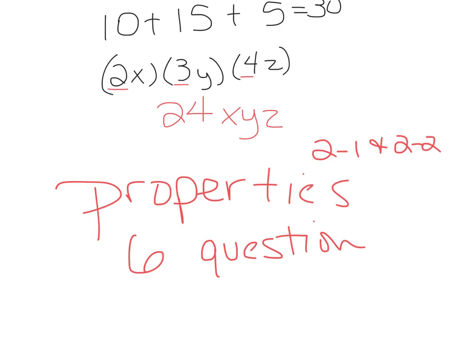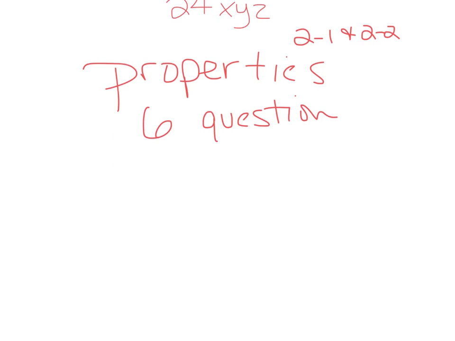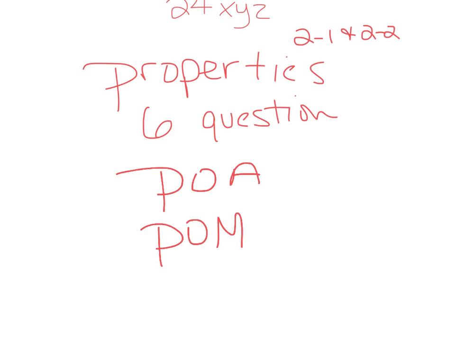And remember to include the property of addition or the property of multiplication for the commutative and associative. For reflexive, symmetric, and transitive, you're going to include the words property of equality. If you want to abbreviate property of addition as POA, property of multiplication as POM, you can, and then property of equality, POE.